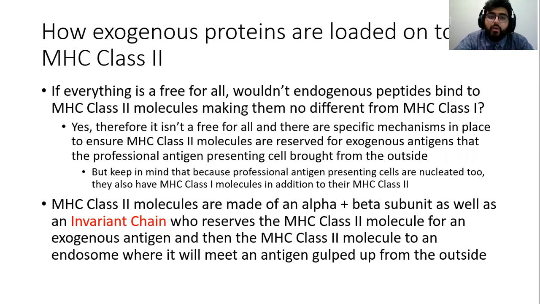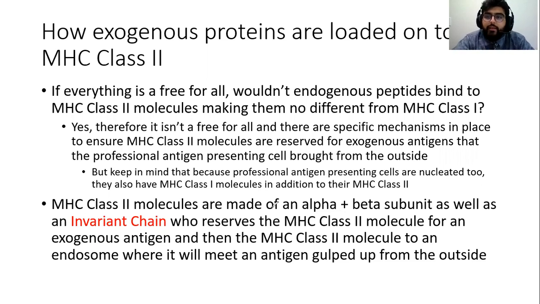So there is a specific mechanism in place to ensure that MHC Class II is saved for the exogenous antigens. And this is going to be mediated initially by the invariant chain, which I have down here in red. So this invariant chain is almost like a lock or a clog on MHC Class II.